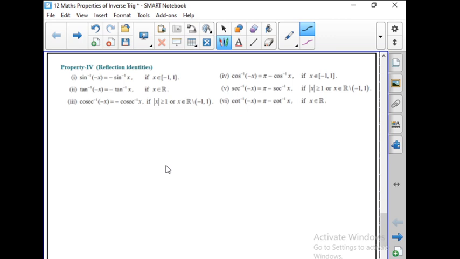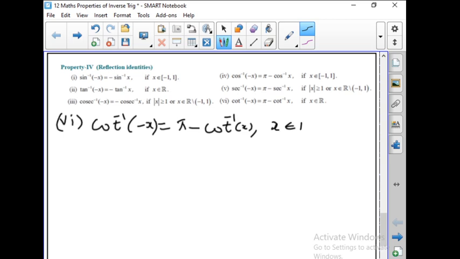So, we will prove the 6th one: cot inverse of minus x is equal to pi minus cot inverse of x, where x belongs to R. So let cot inverse of minus x be equal to theta, where x belongs to R. So what we get?